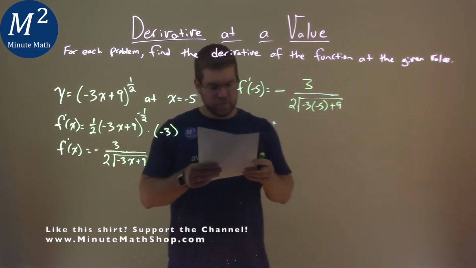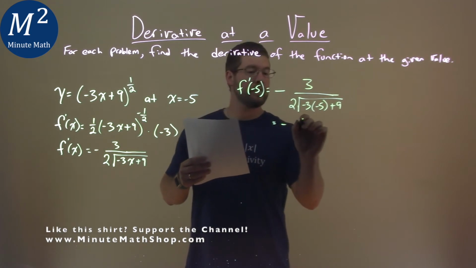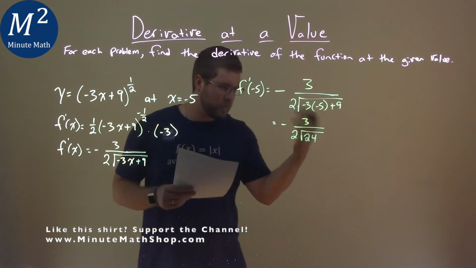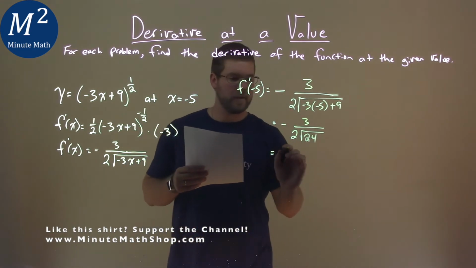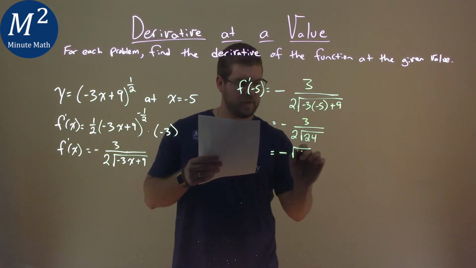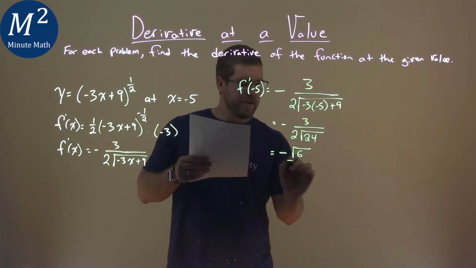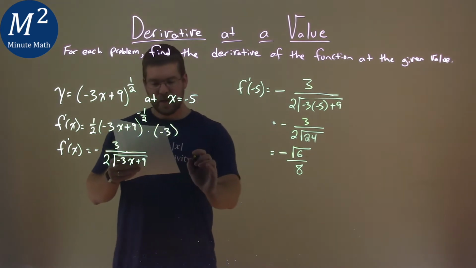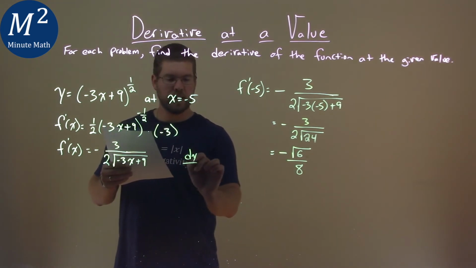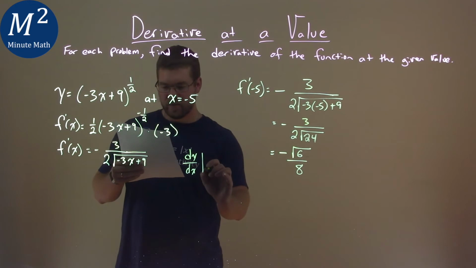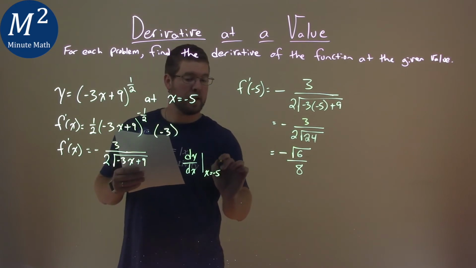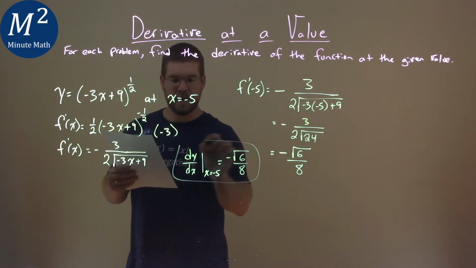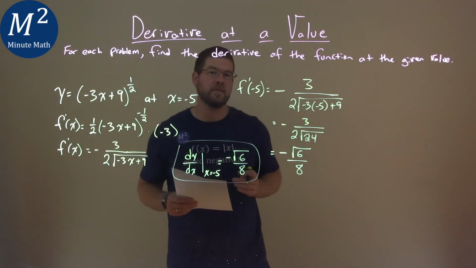This comes out to be negative 3 over 2 square root of 24, which, if you practice your square roots, hopefully you know how to do it, simplifies to be negative square root of 6 over 8. Alright, and so we can write our final answer here in this form, dy/dx, when x is equal to negative 5, is equal to negative square root of 6 over 8. And that is our final answer.